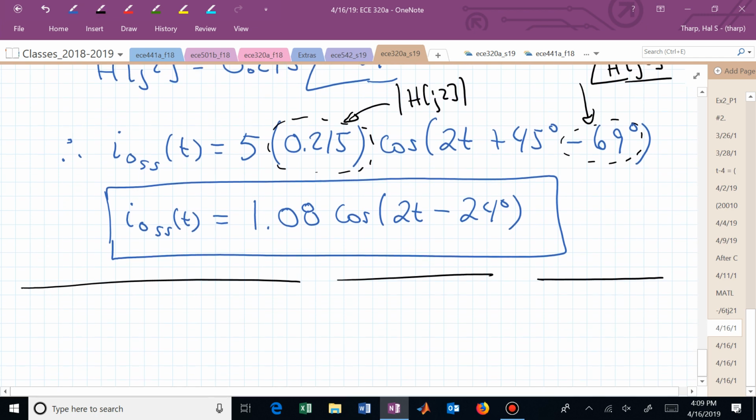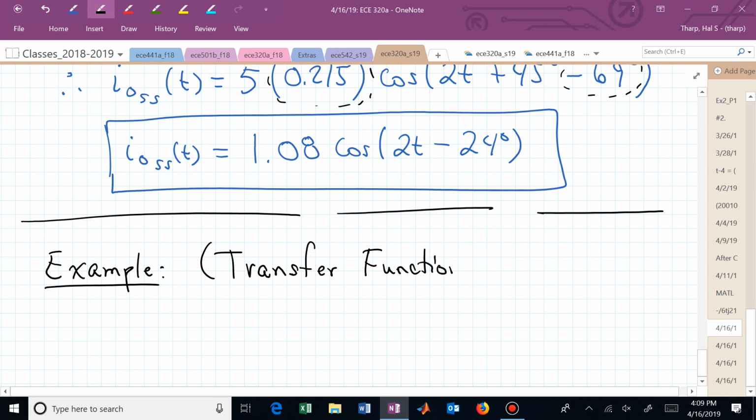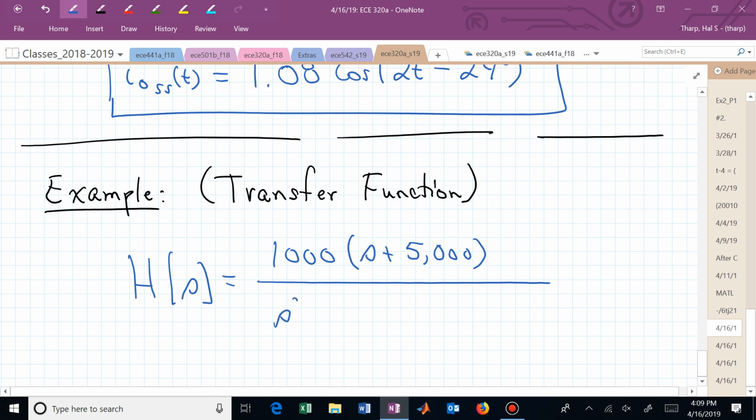What if somebody now gave you a transfer function and asked a similar question? Suppose now somebody says, here's a transfer function, h of s, and it's 1,000 s plus 5,000 over s squared plus 6,000 s plus 25 times 10 to the 6th.